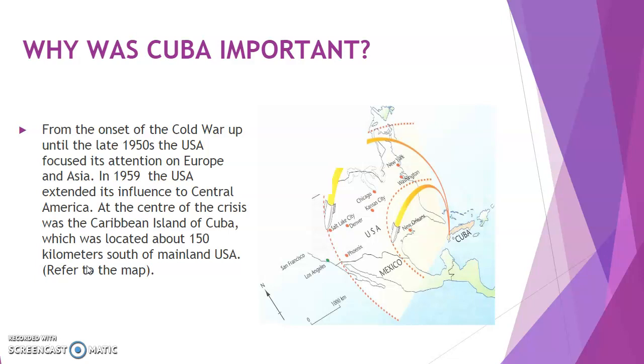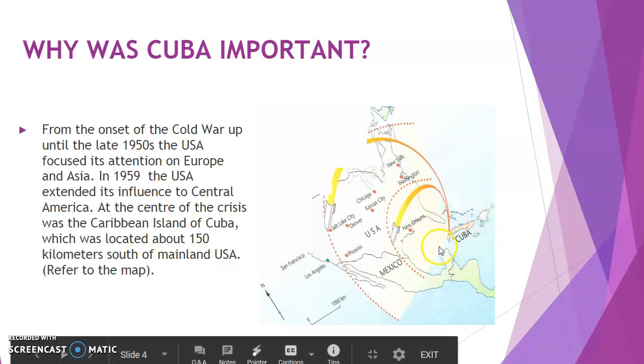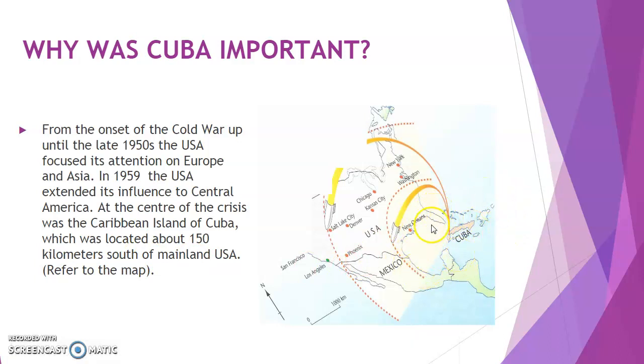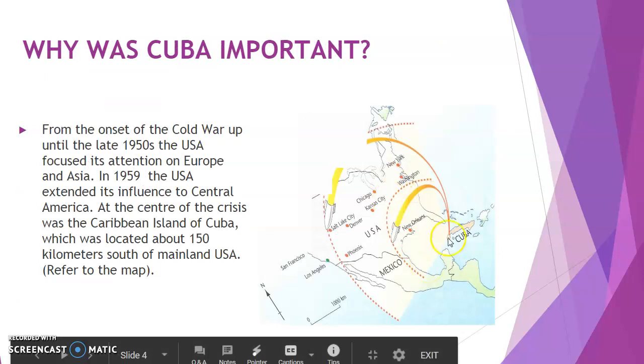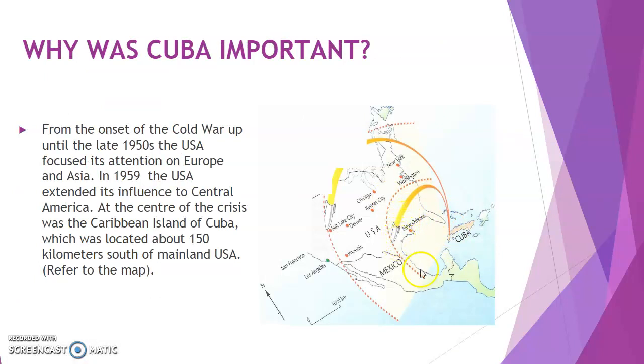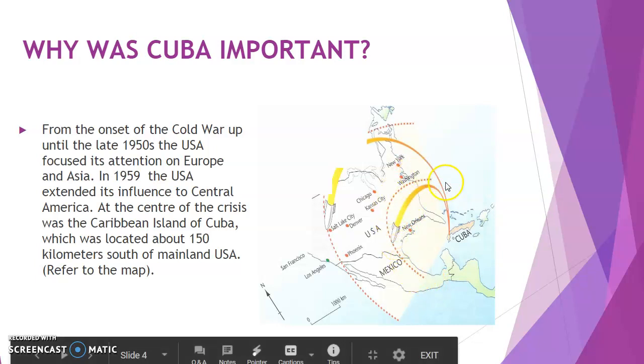At the center of the Cuban Missile Crisis was the Caribbean island of Cuba, which was located about 150 kilometers south of mainland USA. You can observe here, that is Cuba, our little bugger here that becomes communist and freaks everyone out. Here is America. Also in the map, you can see that if a missile is launched from Cuba, they can basically wipe out this little area here.